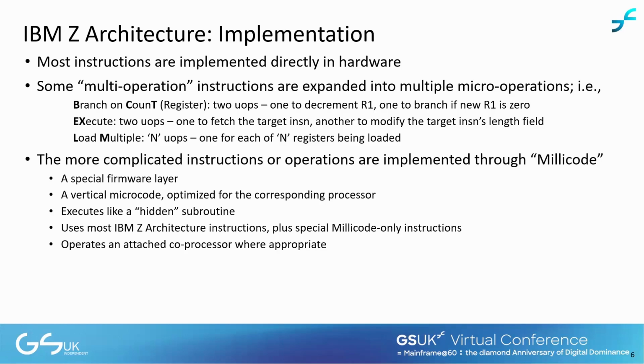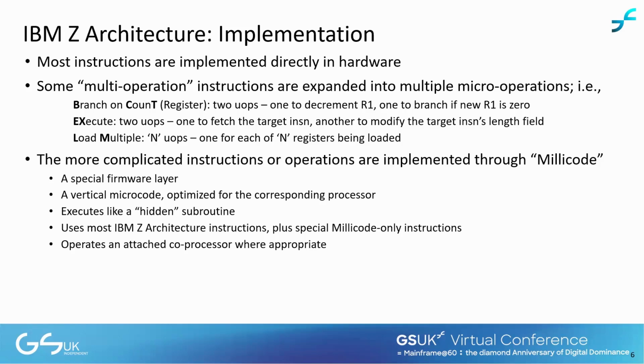Particularly with split mode caches, because you can't have the same line in both caches get out of sync. So the synchronization action between the caches when you store into the instruction stream is expensive. Anyway, this was known a long time ago, and the execute instruction allowed a clever way to dynamically modify the length field within the move character instruction text without directly modifying the instruction text.